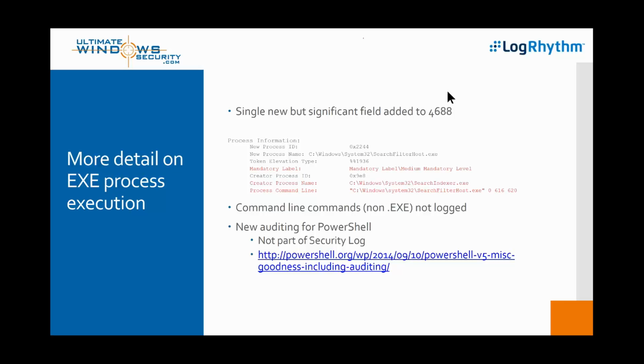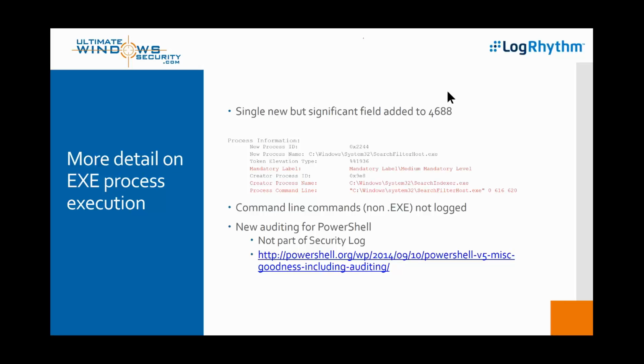But sooner or later, you are going to run some kind of exe, whether it's a bad guy exe or just a legitimate exe. And the point, and we've talked about this in other webinars, is to look at the lineage of that process.